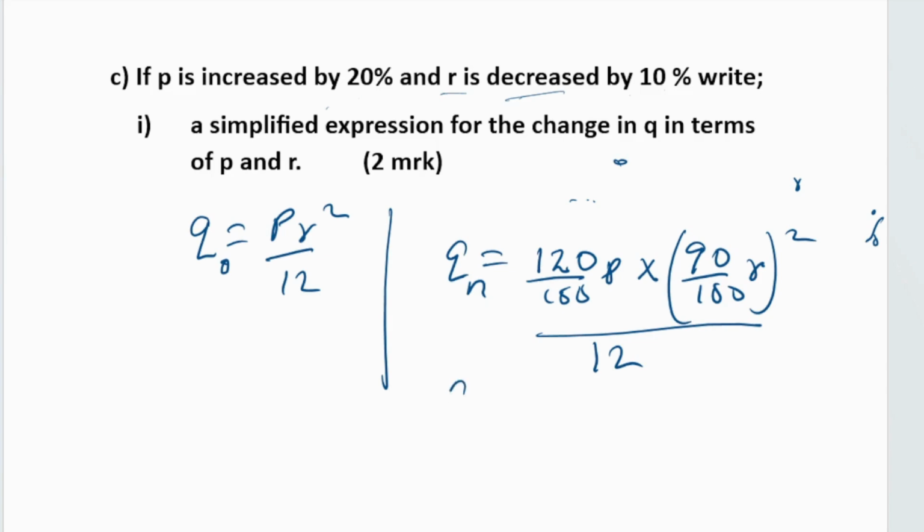And therefore our new Q will be equal to 1.2, because 120 divided by 100 is 1.2, because this zero will cancel with this zero, and this 10 will make the decimal move to that point. So it will be 1.2 P multiplied by 0.9 R squared, then over 12.